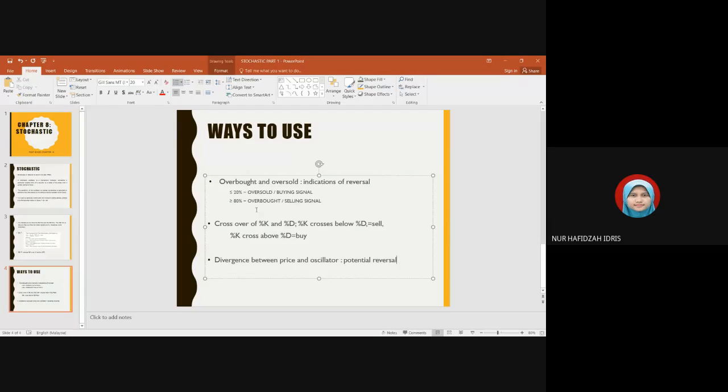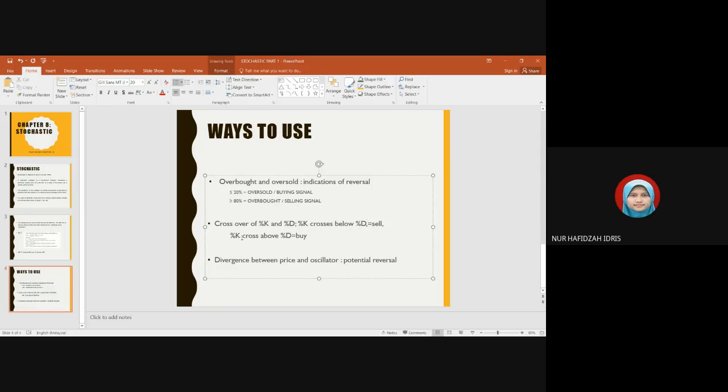Okay, so beside overbought and oversold, kita akan tengok juga the cross line between percentage K and percentage D. Okay, where the percentage K, which is K ni apa? K refer to the stochastic. So when the stochastic, which is percentage K line, cross below percentage D, the D is the average for stochastic. Okay, so it is the signal of sell.